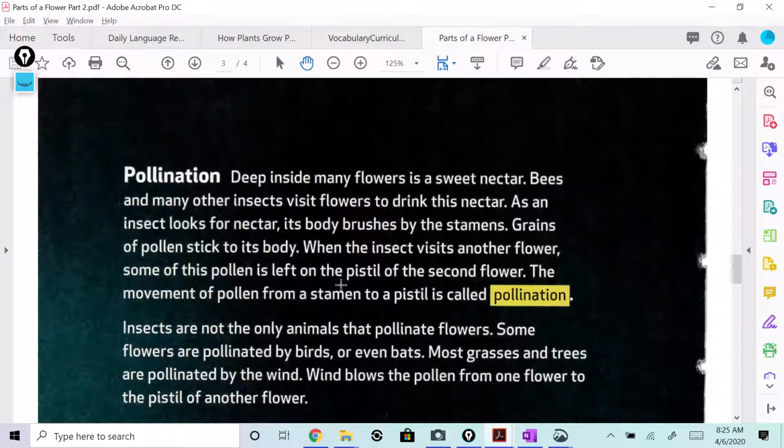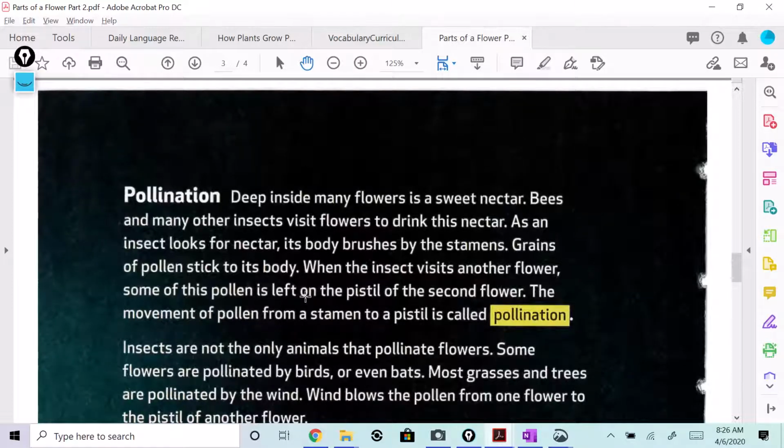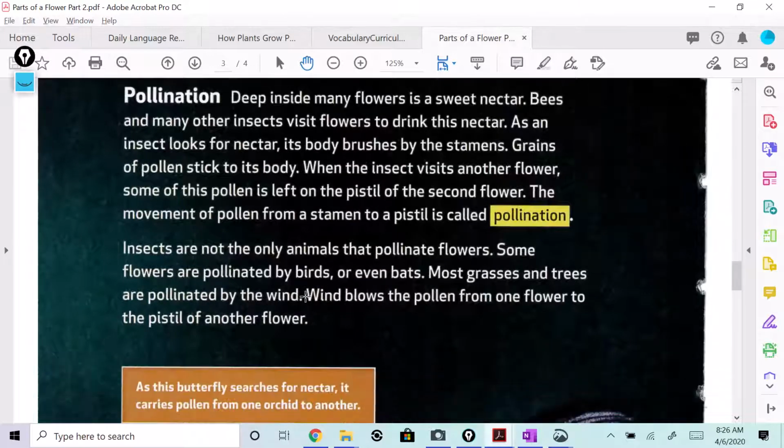Grains of pollen stick to its body. When the insect visits another flower, some of its pollen is left on the pistil of the second flower. The movement of pollen from one stamen to a pistil is called pollination. So we need pollination, and bees are a big part of that.